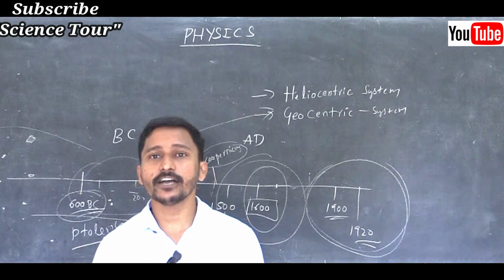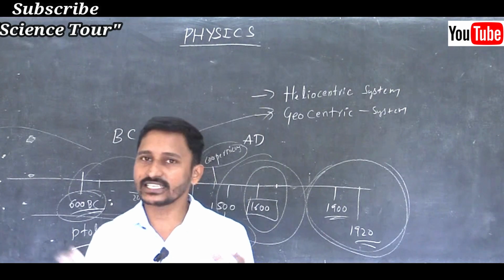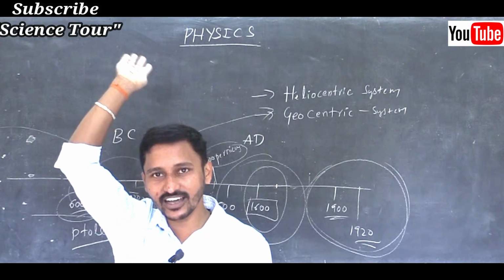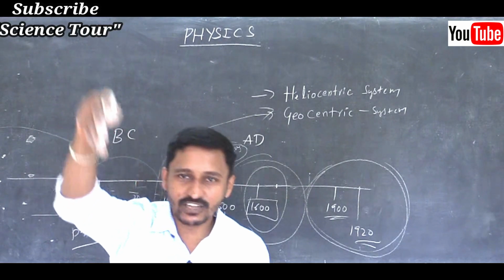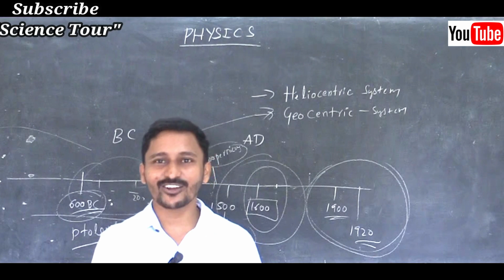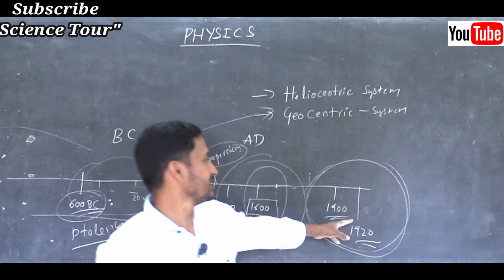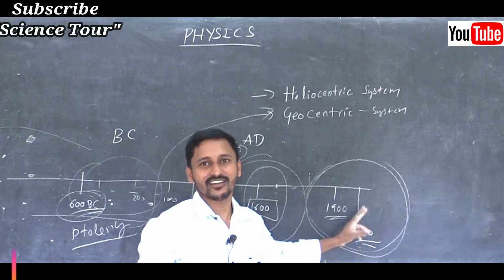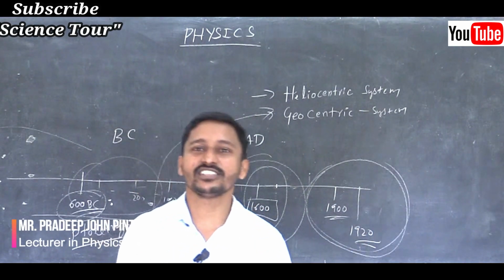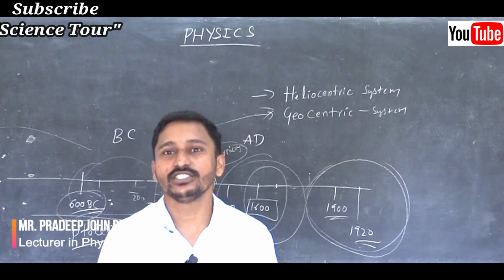Now you can verify. How? You send a satellite through a rocket, it goes outside the earth, observes, and sends you the images today. That is the technology we are having, and we are living in 2020. That is how technology, science and physics developed.